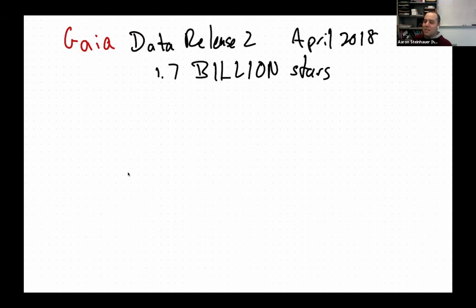It's 4 orders of magnitude more stars than Hipparcos had. It's stunning. Current precision, I won't say current because it's not current anymore, as of December this has changed. DR2 had precisions of about 50 micro arc seconds.